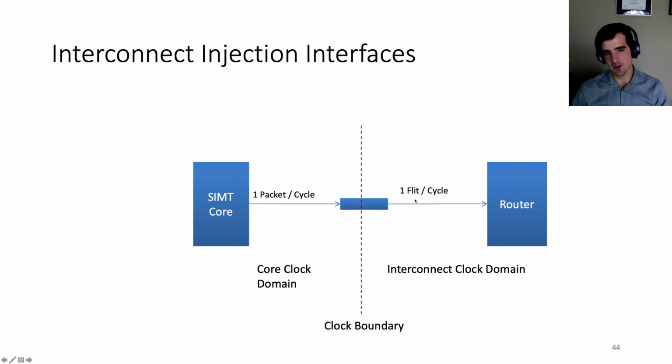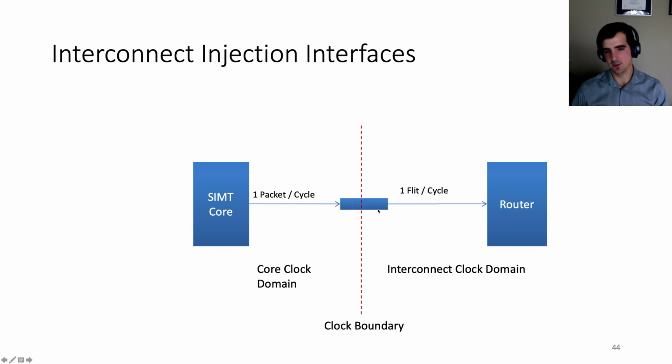What is a flit? Well, the interconnect width may not be the same width as the packets generated by the SIMT core. So for example, the message that says I need this particular address may be 4 bytes, but maybe there are only 16 wires inside the interconnect that can be transferred in one cycle of the router.